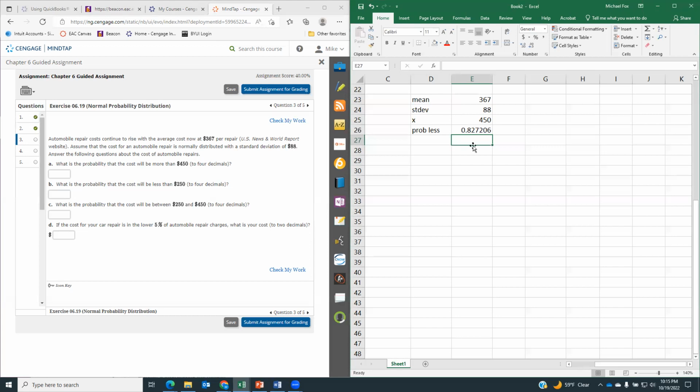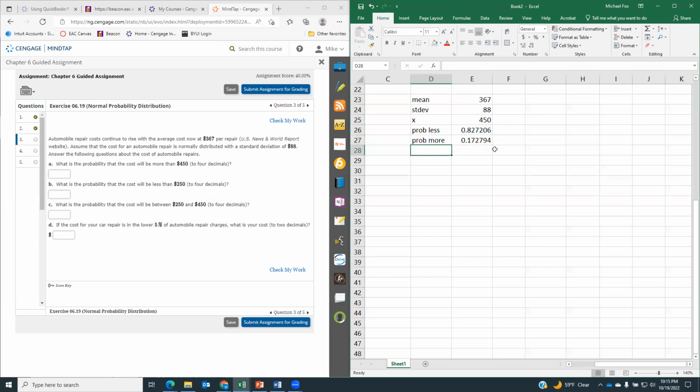So remember that probabilities are somewhere between 0 and 1, and that all probabilities have to add up to 1 or 100% chance of something happening, okay? So if I say 1 minus the probability that it's less than something, that gives me the probability of it being more than that.